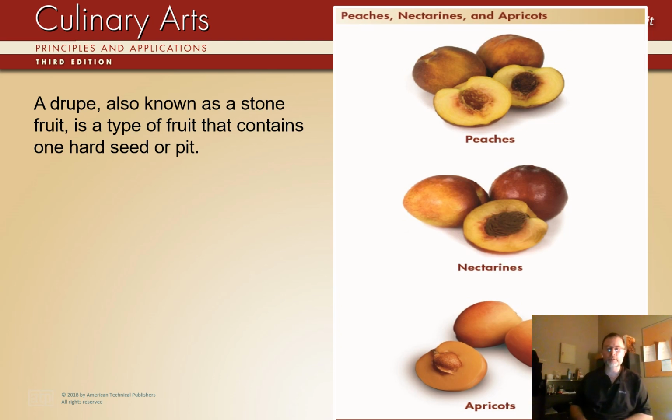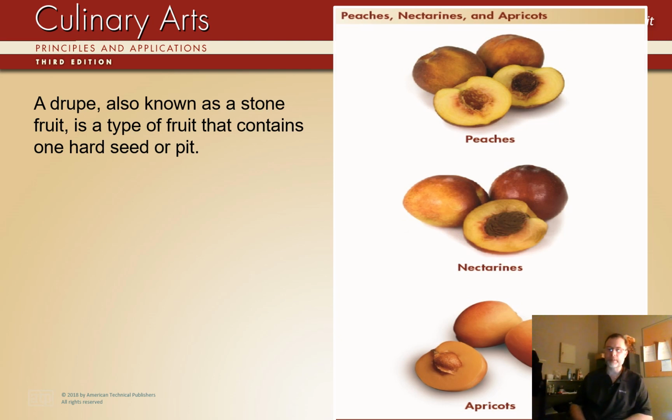We then have peaches, nectarines, and apricots, and they're known as drupes, D-R-U-P-E, drupe. They are a stone fruit because they have a very hard inner core stone. That's actually their seed, and it's called a pit.